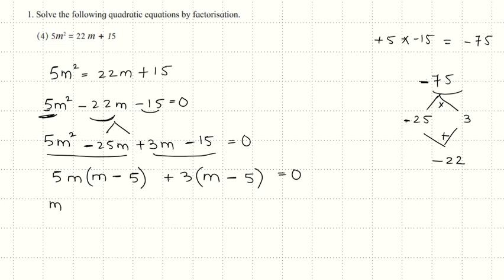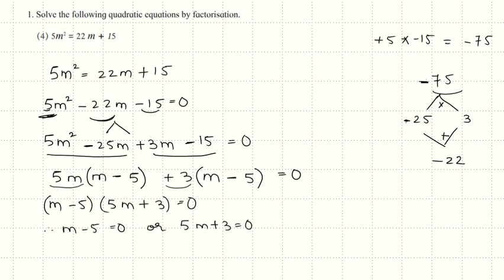So write down the common brackets first, m minus 5, and then write down the outside numbers inside a bracket, plus 5m plus 3 is equal to 0. Therefore, m minus 5 is equal to 0, or 5m plus 3 is equal to 0. Therefore, m is equal to 5.